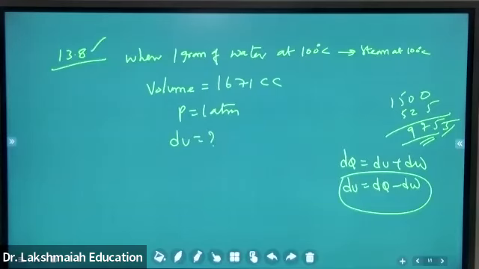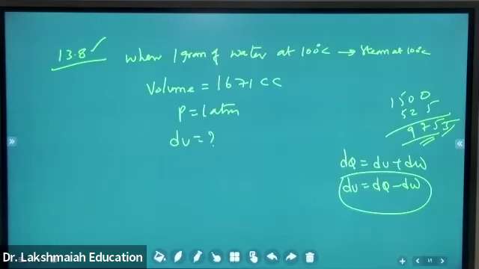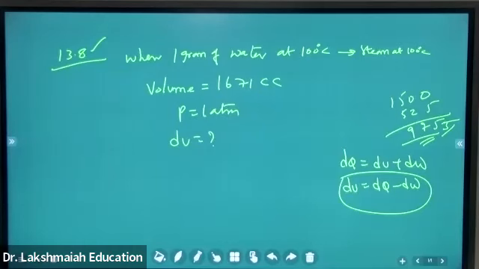Sir, in the first problem. First problem, 13.6? A gas expands from 10 liters to 20 liters. Yes, sir. 13.19, sir. Pawan, which question, please tell me. Sir, 13.19.